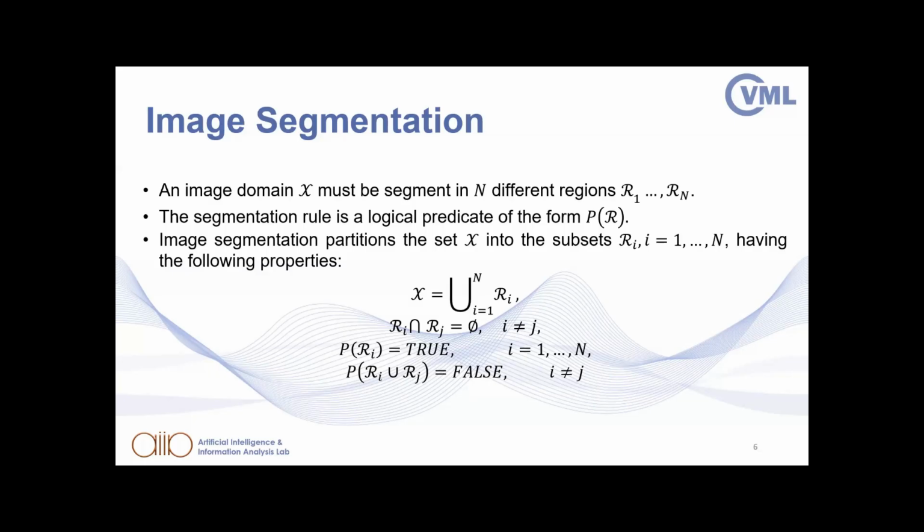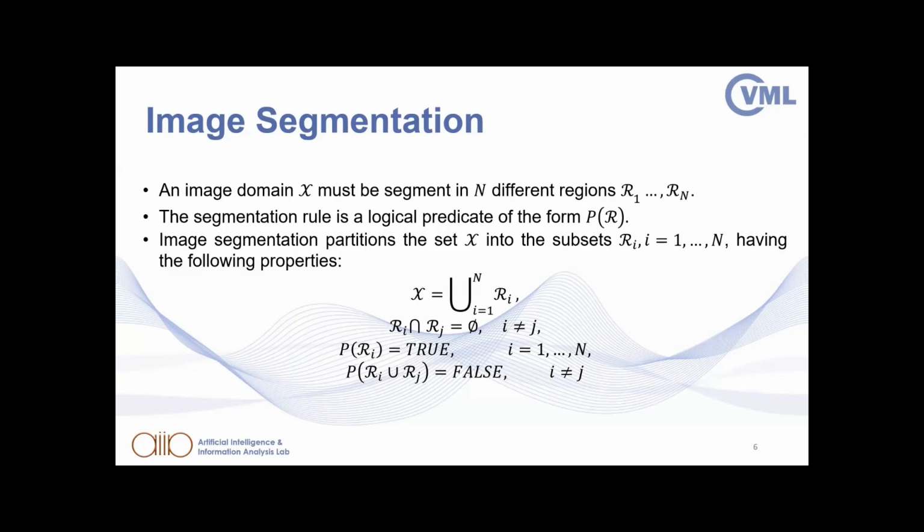So the segmentation process has some properties. The first rule is that the entire image domain X is partitioned into non-overlapping subsets R1 to Rn, which together fully cover the image. This is shown by the formula X equals union of Ri. The second rule of segmentation is that no two regions overlap, which means the intersection of any two regions is empty.